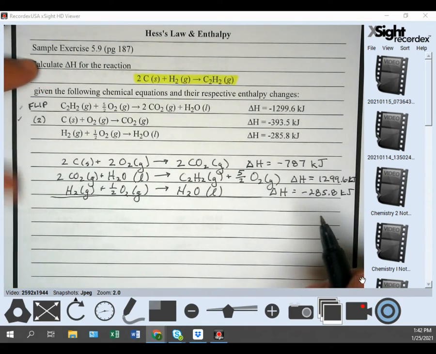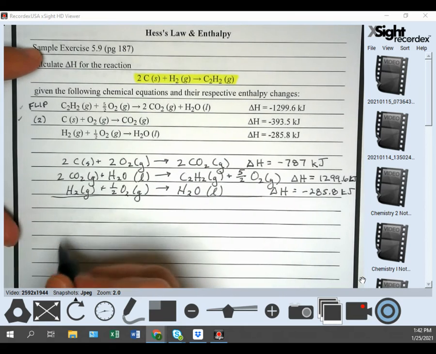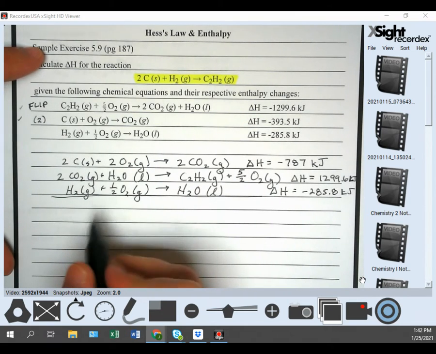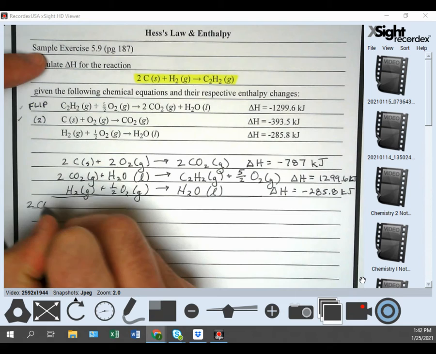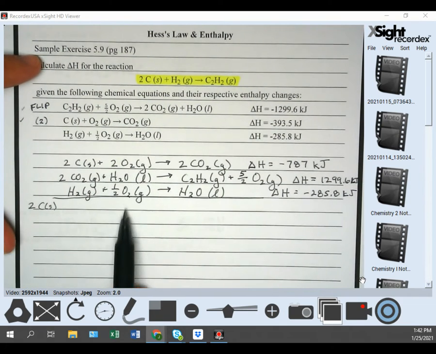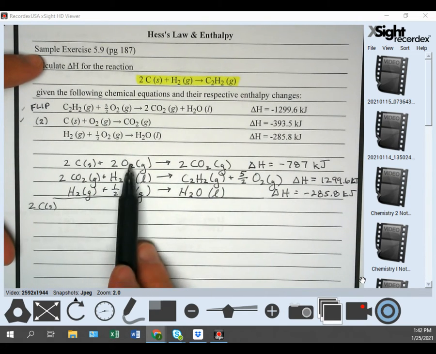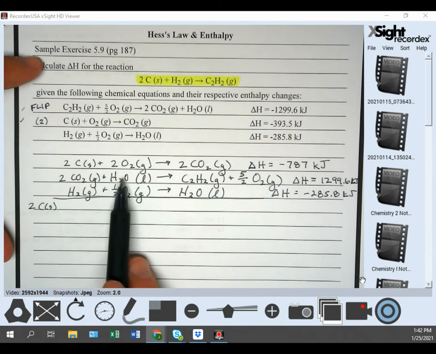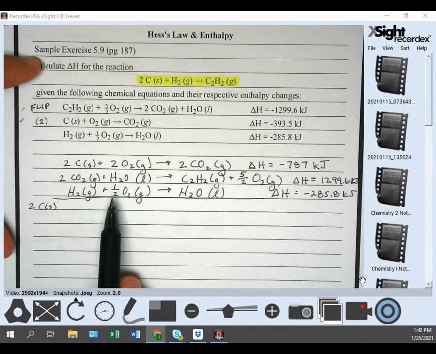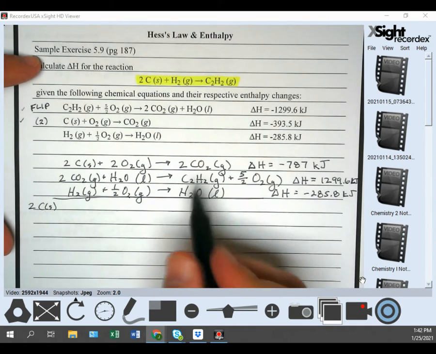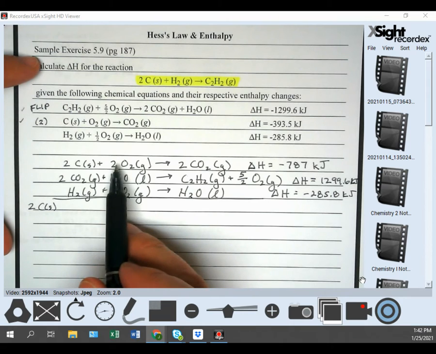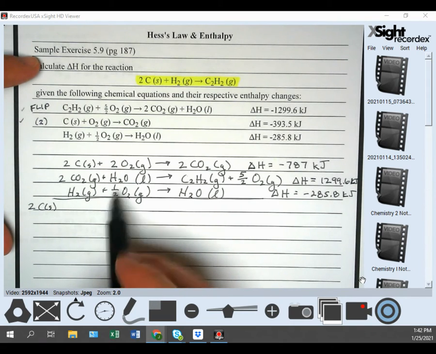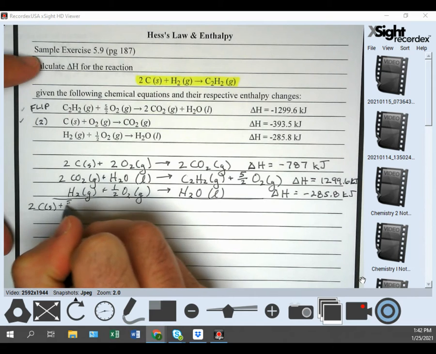All right, now we combine them. Okay, we get, let's see. So 2 carbon solid. Now I'm going to combine like I've got my O2s here. I've got 2 O2 and I've got 1/2 O2. So I'm going to combine those. I'm going to make it an improper fraction. So 2 O2s is 4 over 2 plus 1 over 2 is 5 over 2 O2.